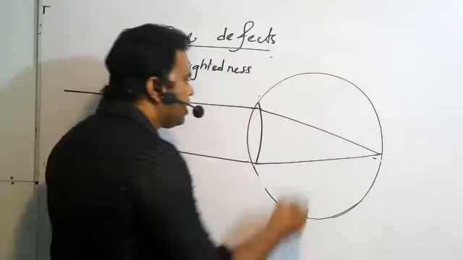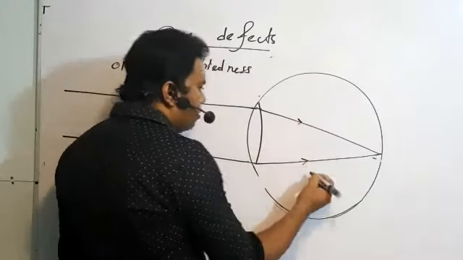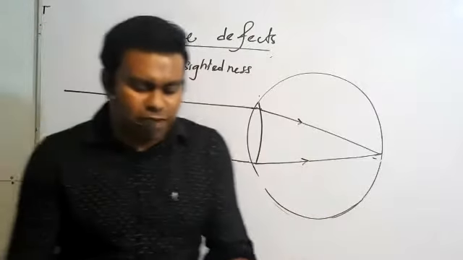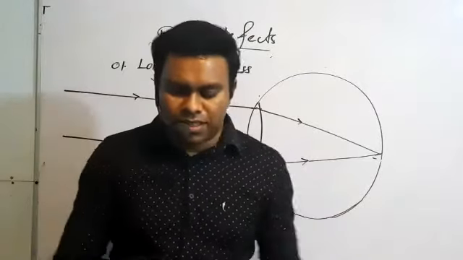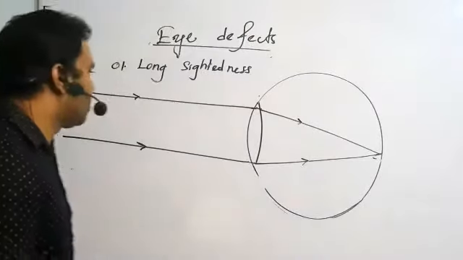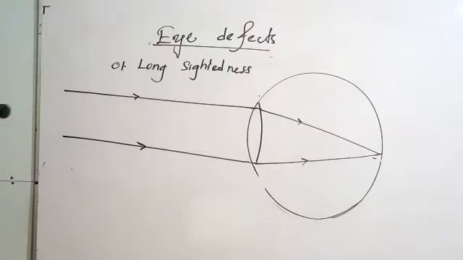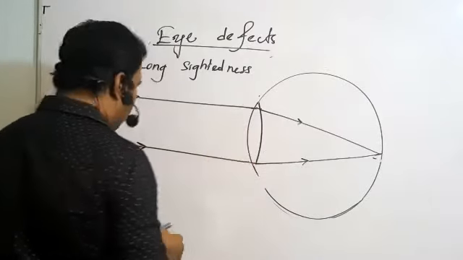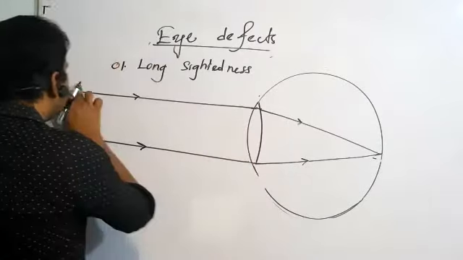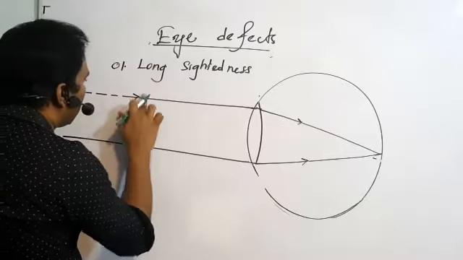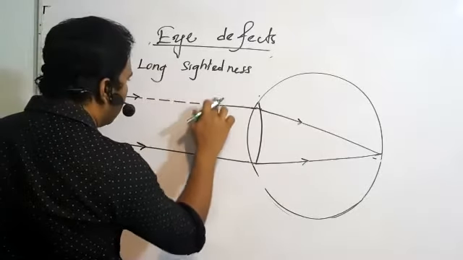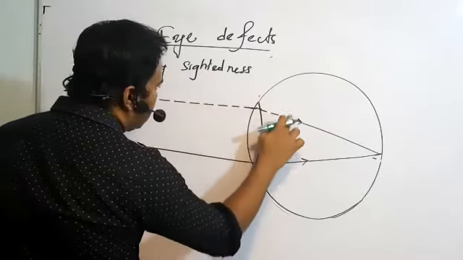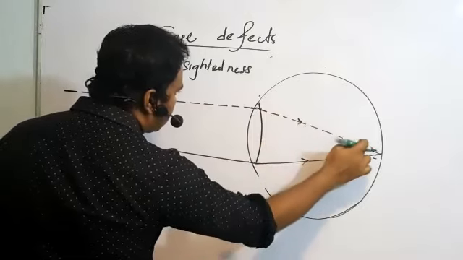This is a normal situation. This is not the defect. Then what's the defect? The defect is the inability of observing closer objects. So as this is not the defect, I'll make that a broken line.